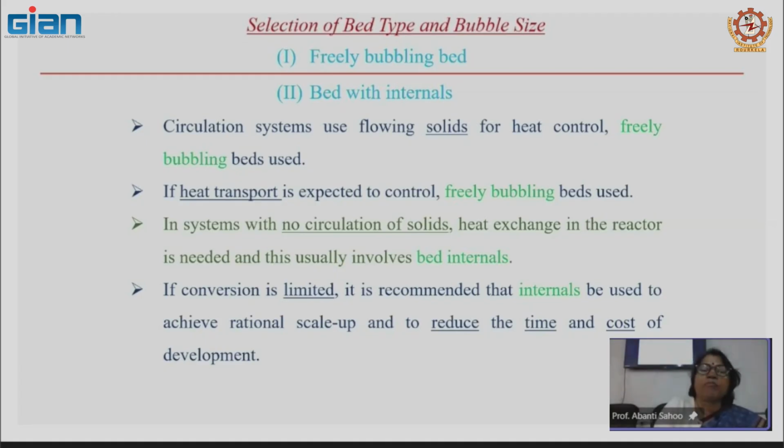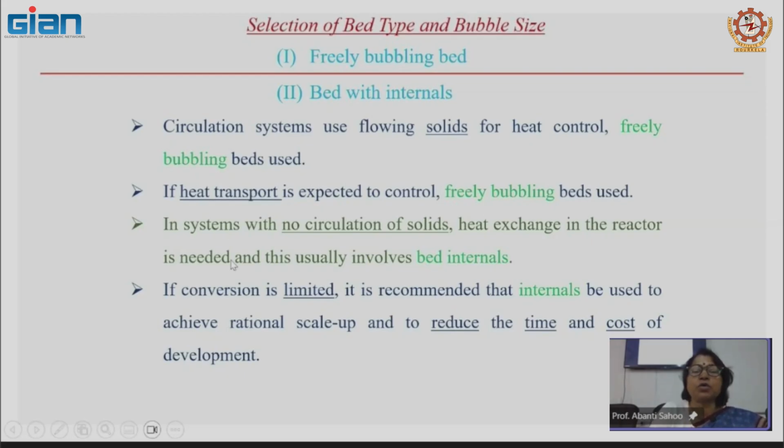So, circulation systems use the flowing of the solids for heat control, and freely bubbling beds are also usually used. And sometimes if we want to restrict the movement, we may use internals. If we want to restrict the radial or horizontal movement, we may use vertical internals. If you want to restrict the vertical movement, we may use horizontal internals.